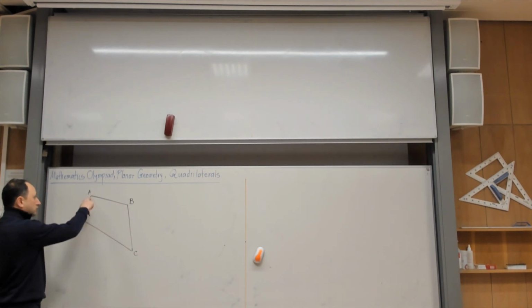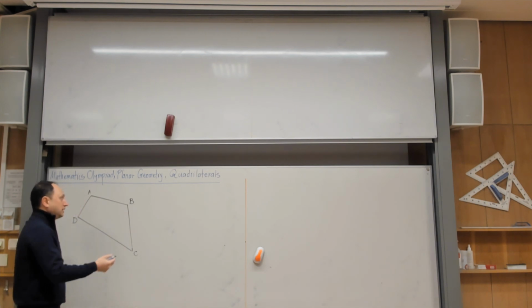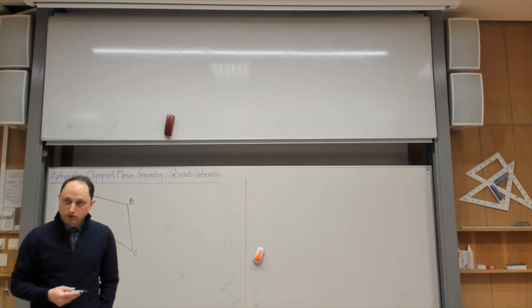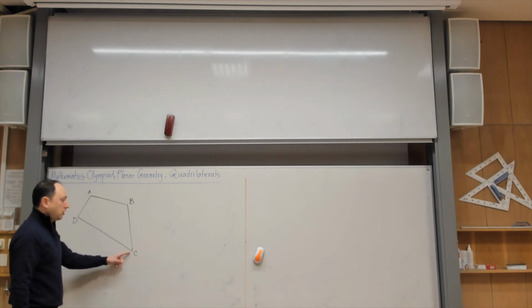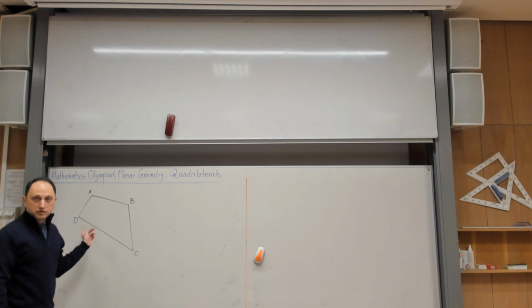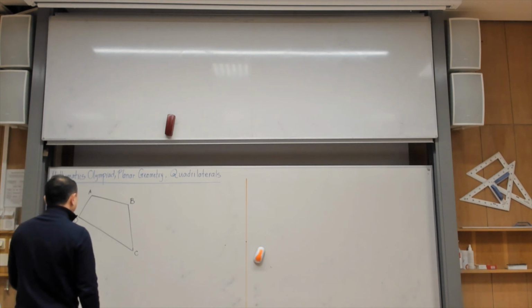So you are not allowed to write A, B, C, D in a scrambled order, because in geometry texts, when they write you have a quadrilateral A, B, C, D, by convention they mean A and C are opposite, B and D are opposite. So this is the convention that you have to respect when you read the text in geometry.